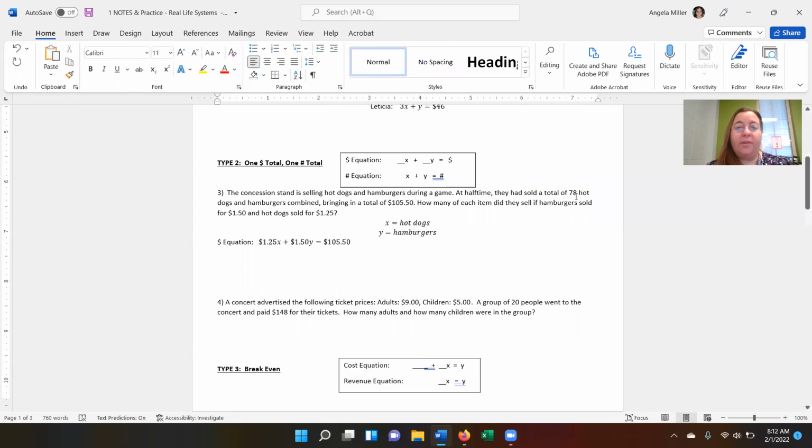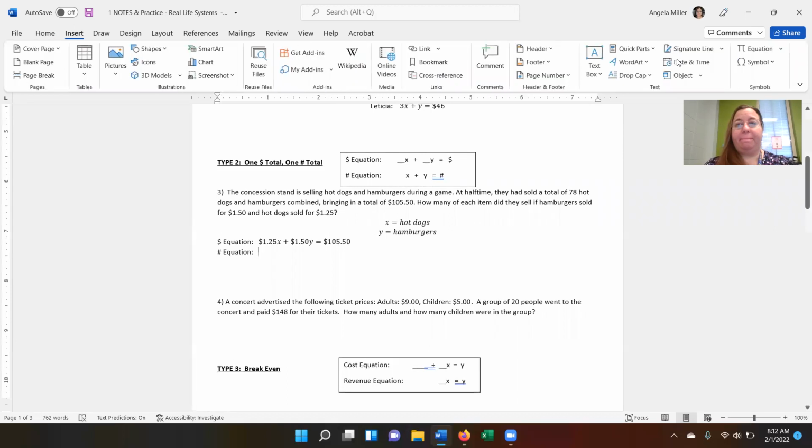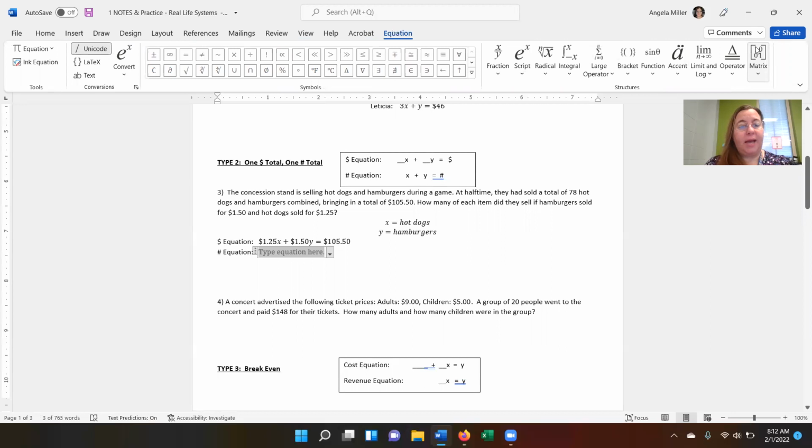Now we have the number equation, right? So when we look at the number equation, we can see there's only one other number in here, 78. So how do I know what I'm going to do for x and y? Well, it's just as simple as x plus y equals whatever that total is. And in this case, the total is 78.